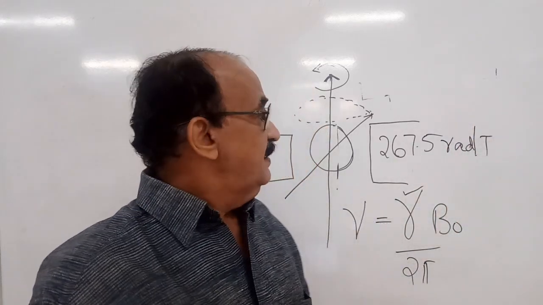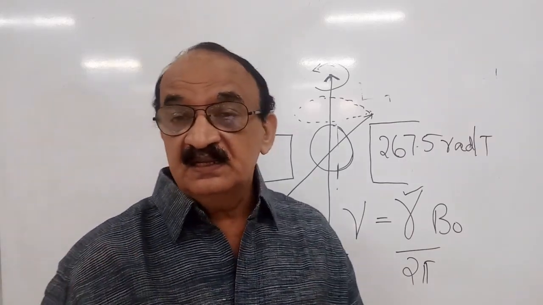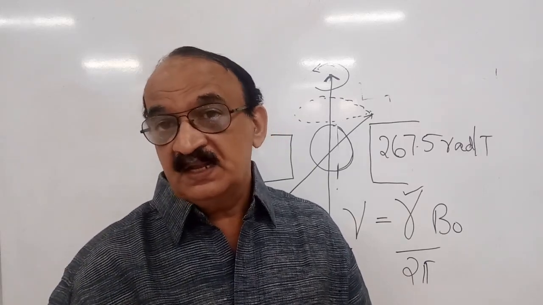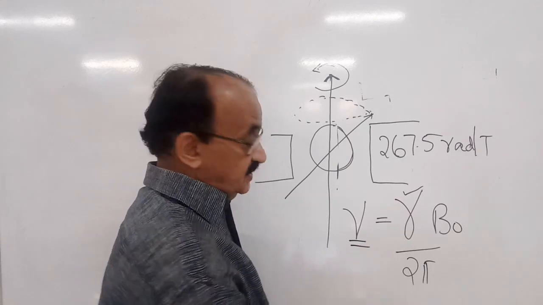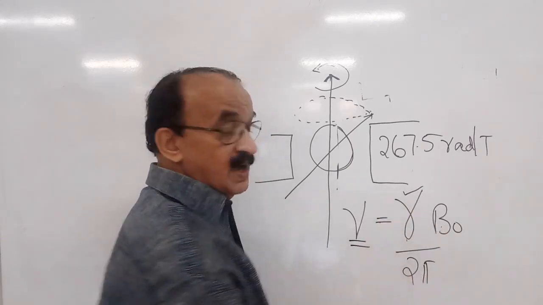So this is the gyromagnetic ratio of the proton. And C13, that is another NMR active nucleus, has another gyromagnetic ratio. Therefore, the Larmor frequency nu is equal to gamma into B0 divided by 2 pi.